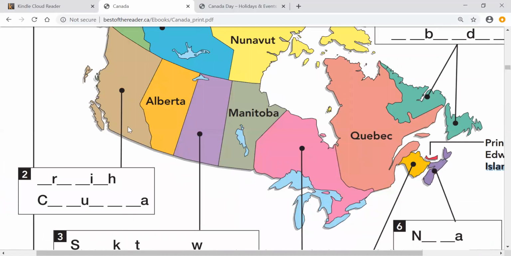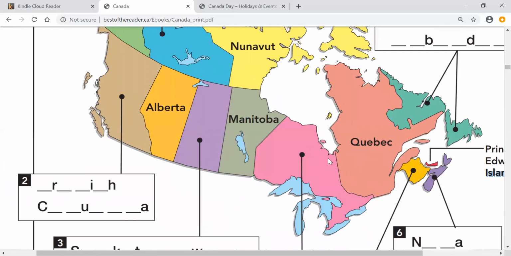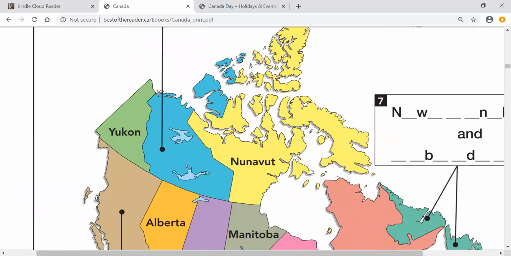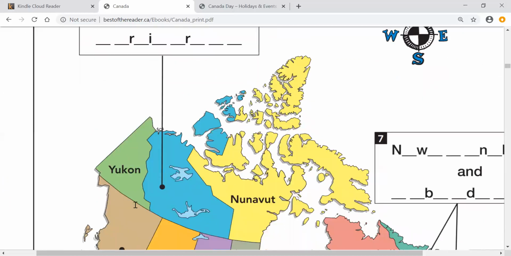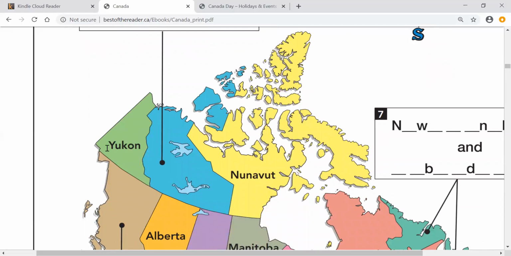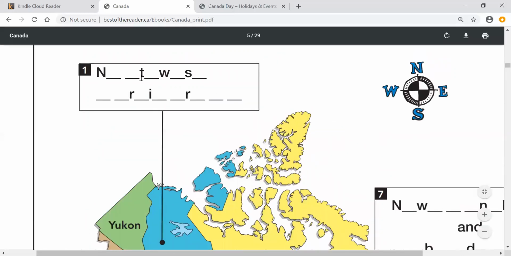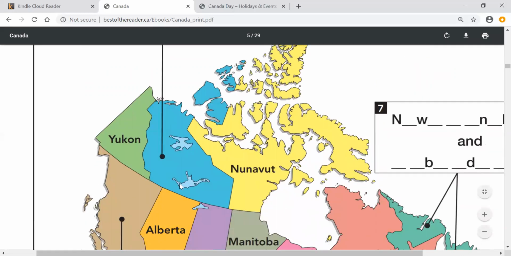How many provinces? 10. Okay, now let's look at the territories. How many territories does Canada have? 3. First one here is Yukon Territory. Second, Northwest Territories.